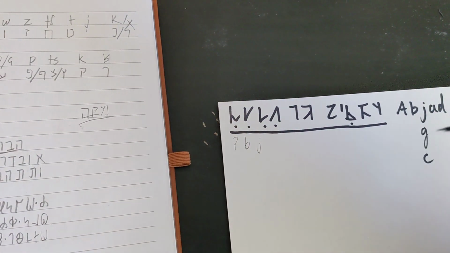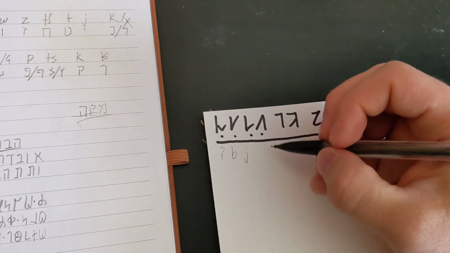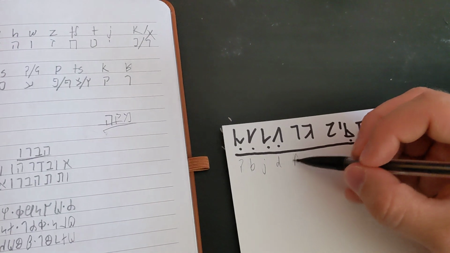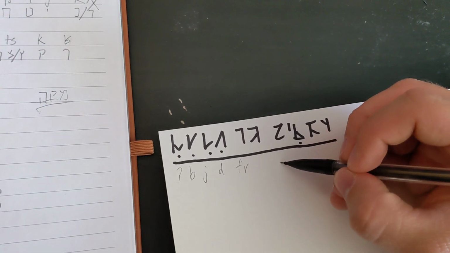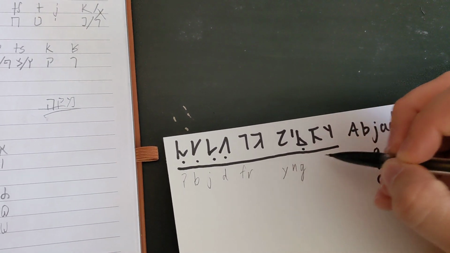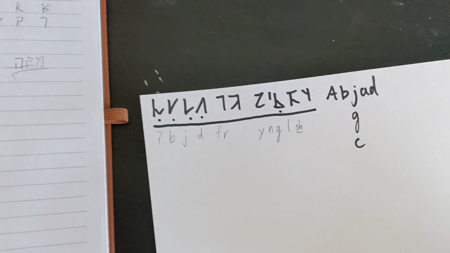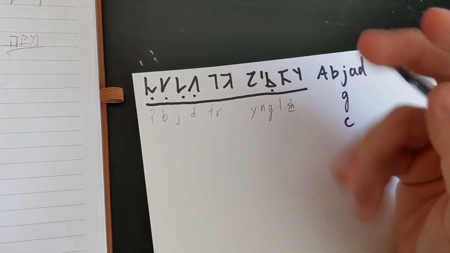I don't like to use a J. I like to use the J more as a Y sound, which is more familiar to the International Phonetic Alphabet. Abjad for, this is a Y. And then we'll just put sh. We'll put a little line under it. There you go. So, Abjad for English.